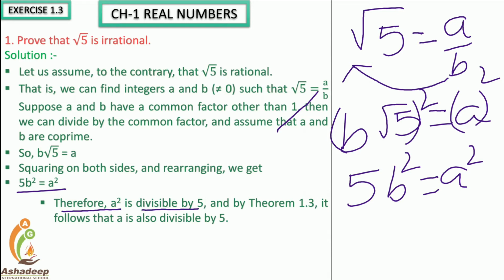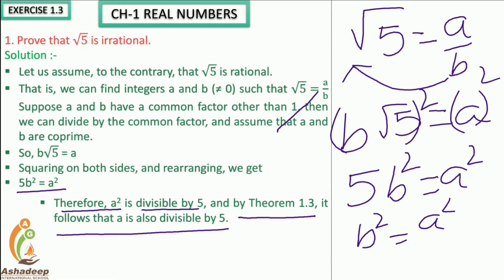From theorem 1.3 that we already saw, it follows that a is also divisible by 5. How? b square is equal to a square by 5. If a square is divisible by 5, then a is also divisible by 5 from theorem 1.3.